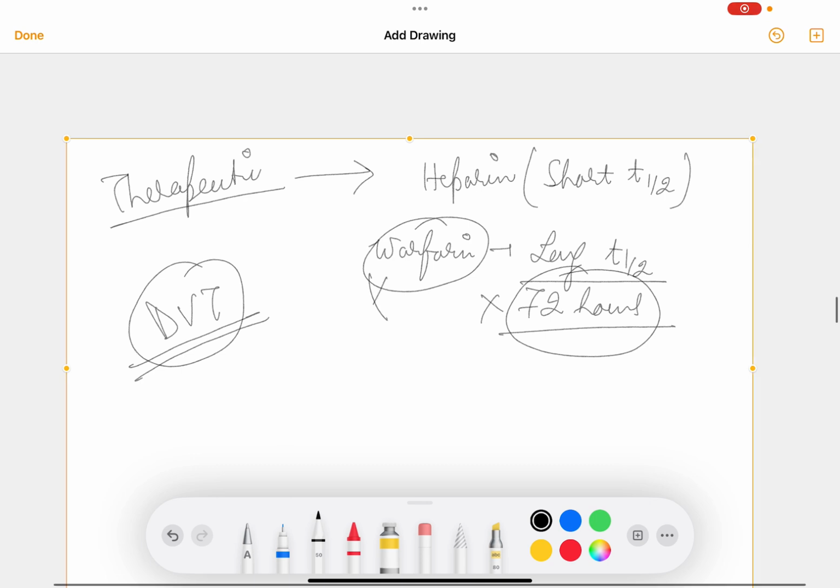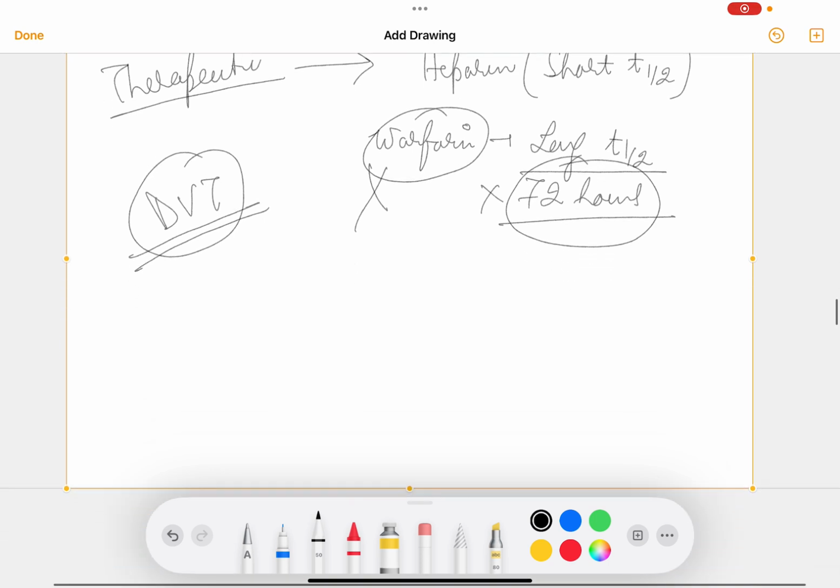So you cannot give warfarin to a patient who has already developed DVT. Of course you can give it for prophylaxis, but in that case warfarin will not act for the first 72 hours. So if you are starting warfarin, then we generally start heparin and warfarin together for the first 72 hours.